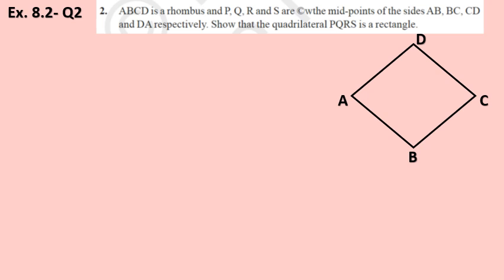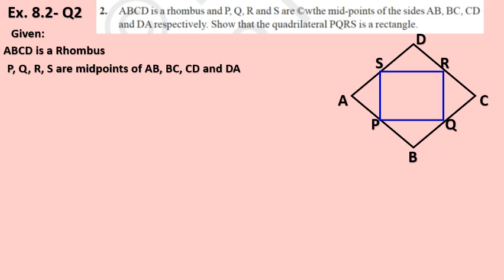ABCD is a rhombus and P, Q, R, S are midpoints of the sides. And let us join PQRS. Yes, we need to prove that PQRS is a rectangle. So first we have to join the diagonals of ABCD, AC and BD.